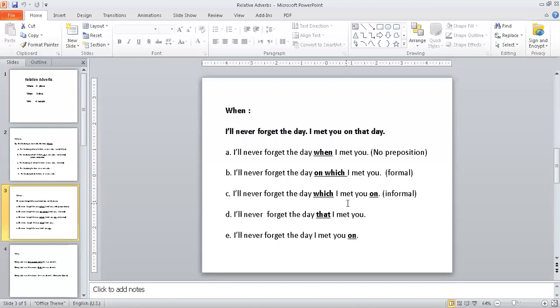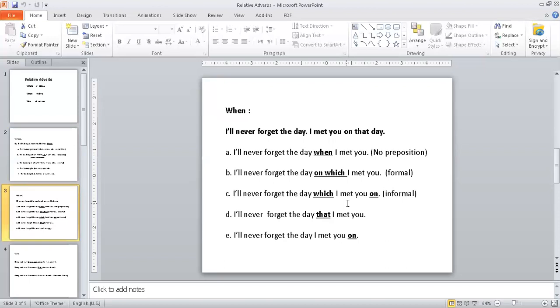Look at this sentence. I'll never forget the day. I met you on that day. So let's use when now to join both sentences and see what changes are made.